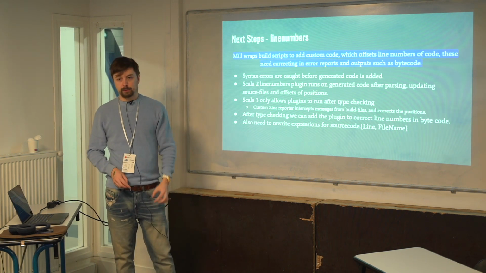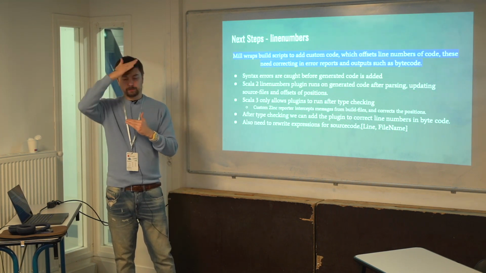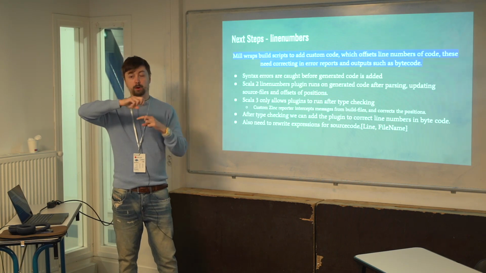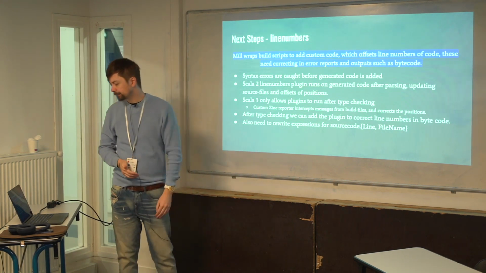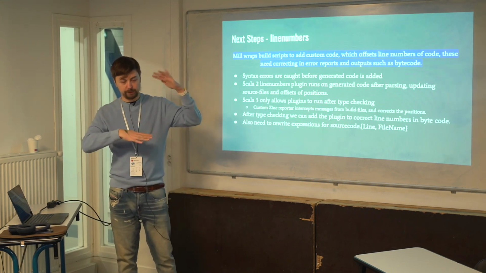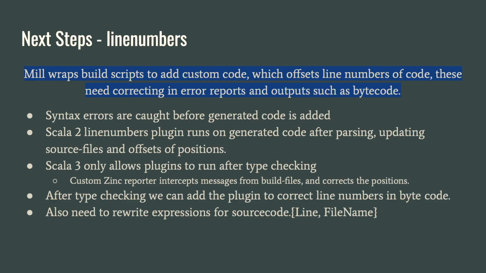And so Mill wraps that list of statements into basically an object. So we have a lot of generated code, and we have about 25 lines of stuff at the top of the file. So we need to adjust the line numbers so that they show up correctly in your IDE and in the bytecode and in error messages.